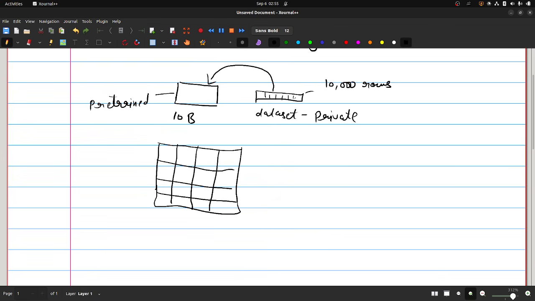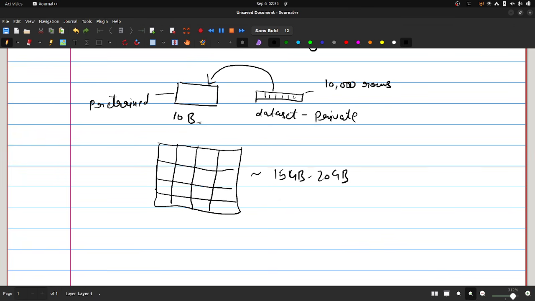And let's say this is a 10 billion parameter model, so its corresponding weights will be around 15 GB to 20 GB. So you need a lot of space for your GPU and you need higher VRAM, and it will take a lot of time to train.